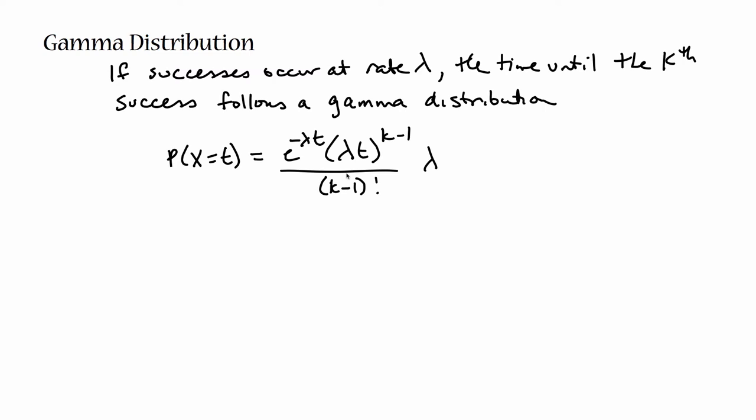That's an ugly mess, and I'm not going to prove it to you. But that is the way the probability density function for the gamma distribution looks.